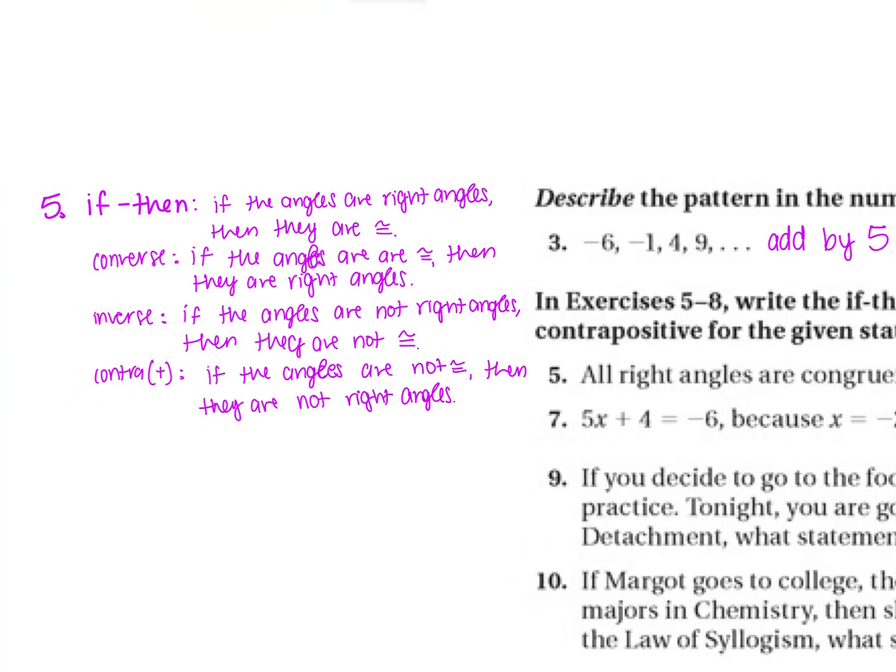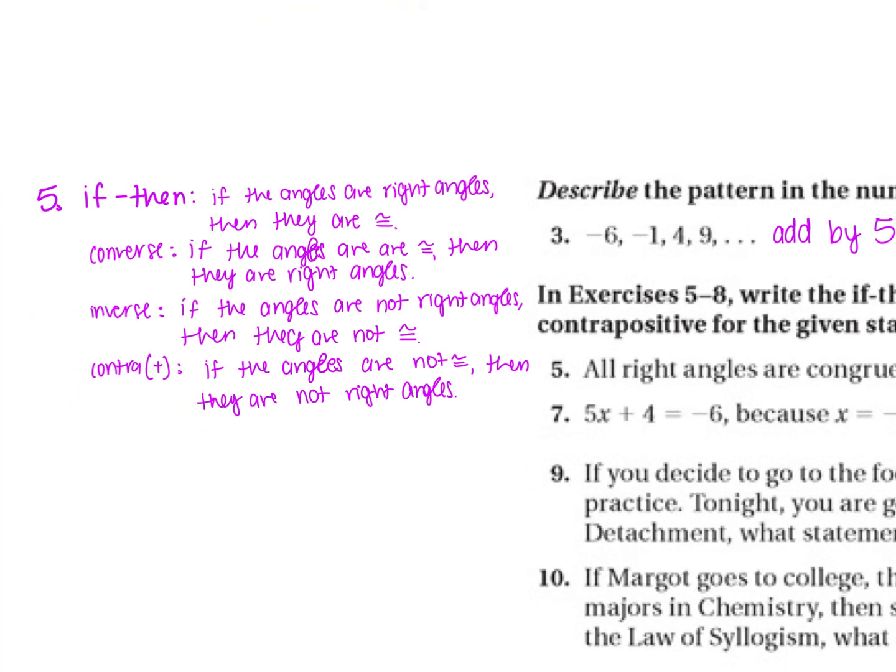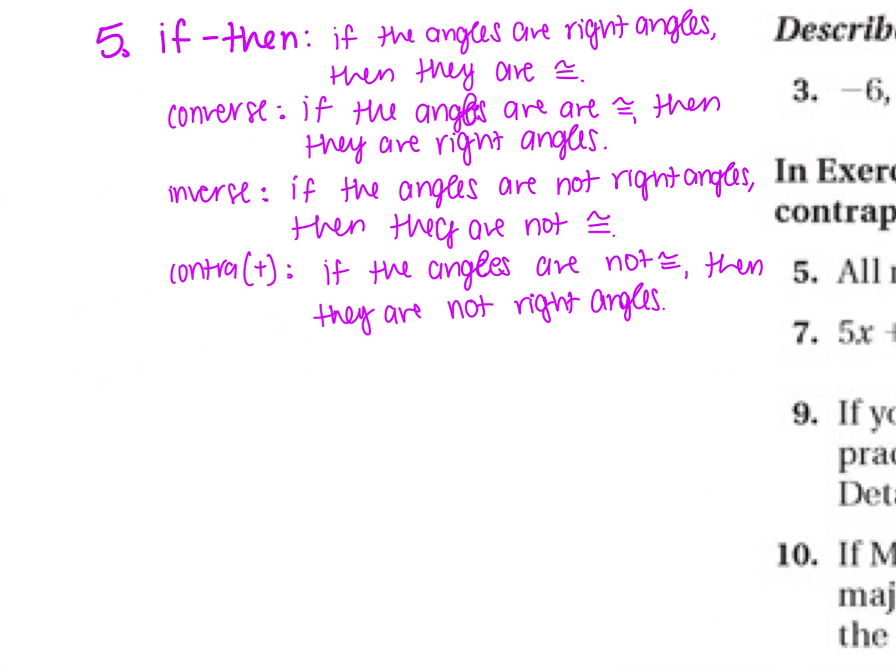All right, and the next one, number 7, this one should be written a little quicker than the last two. Okay, so for this one, I have my if-then. If x equals -2, then 5x plus 4 equals -6. Converse, I'm just flipping it.